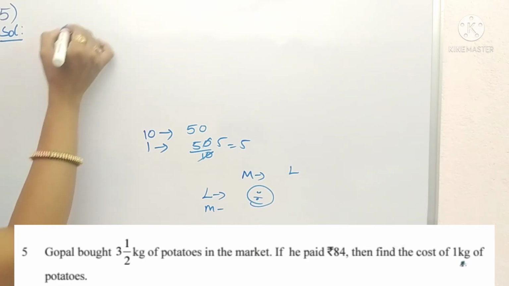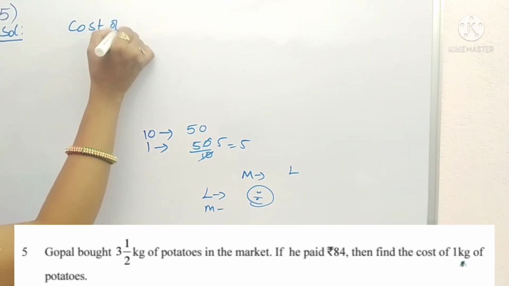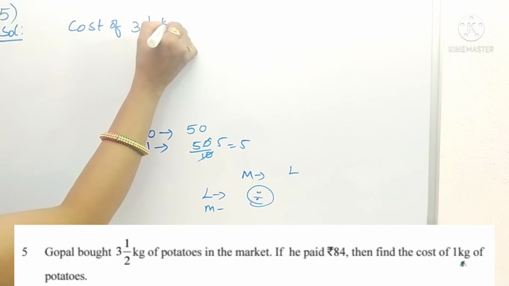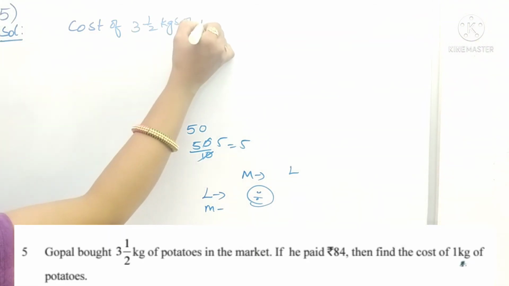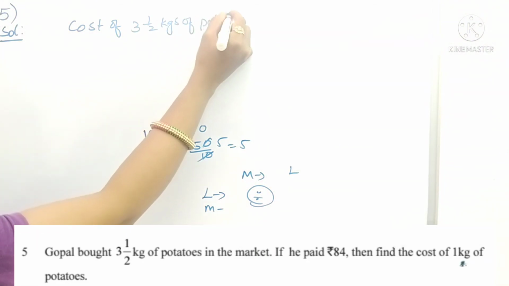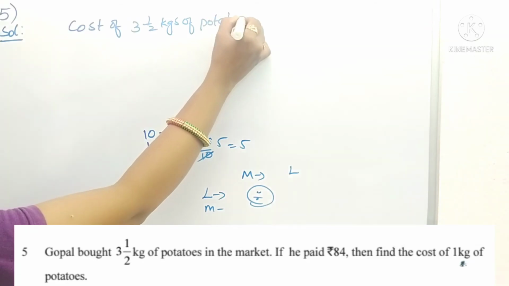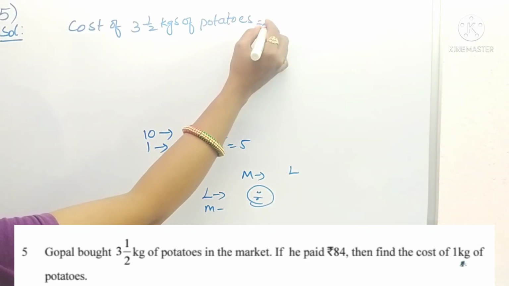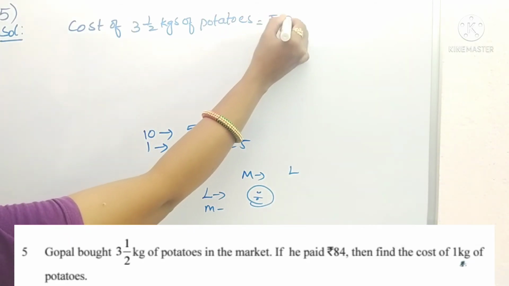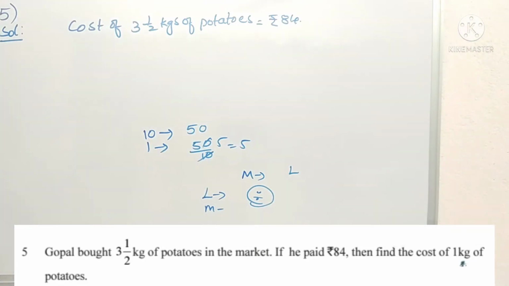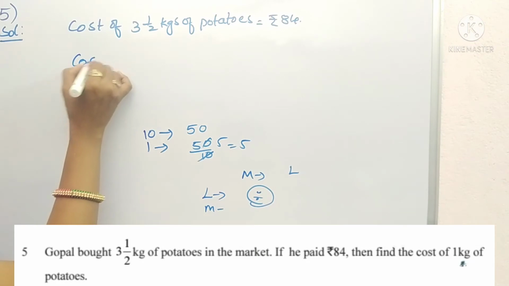3.5. Okay. So cost of 3.5 kgs of potatoes is equal to 84 rupees. Okay. So we want to find out the cost of 1 kg of potato.